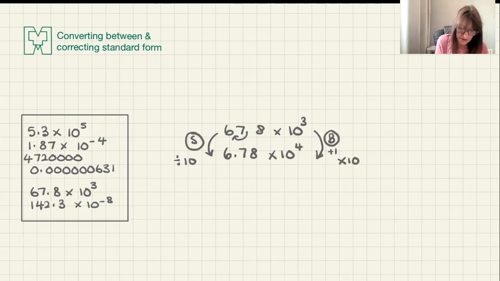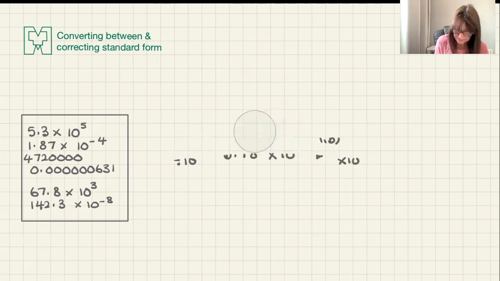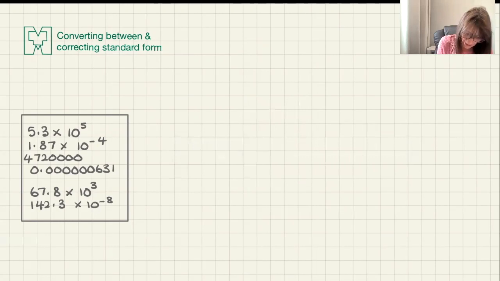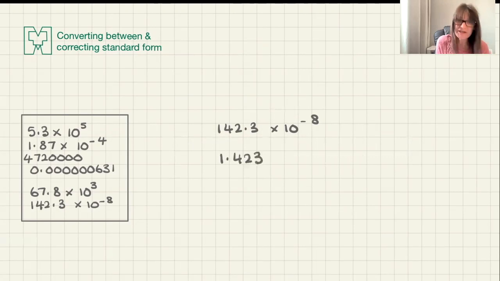Okay, let's look at the next one. 142.3 times 10 to the -8. All right, I've clocked. My decimal point isn't in the right place. It should be here. So I'm going to put it in the right place. Don't lose any of your other digits. Something else I see that's really common is people inserting zeros in places.